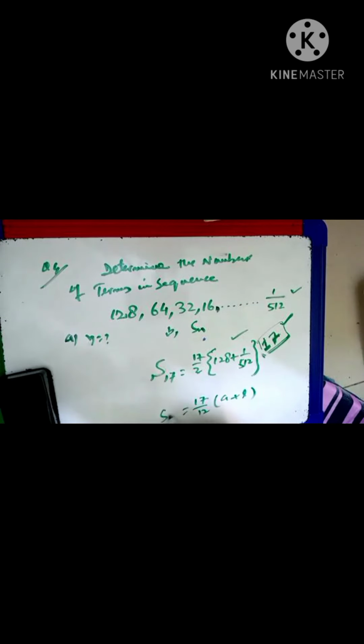It's a shortcut for you. If the last term is not given, and it is given that there are 17 terms, then you must use 2a plus n minus 1 b, like that. When you put it into the calculator, you will get the sum.